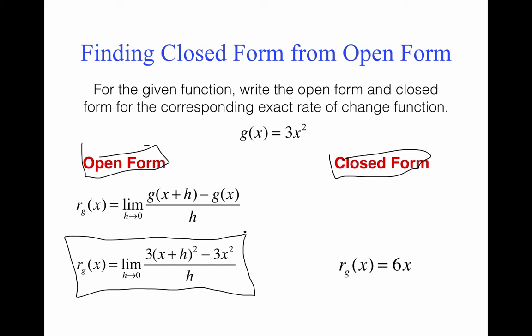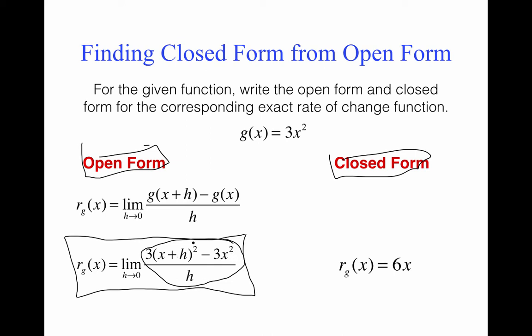So when I look at this expression, I can really break down that this piece of it is looking at the average rate of change of the function over intervals of size h.